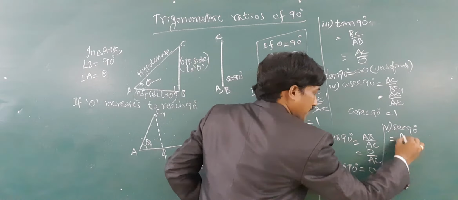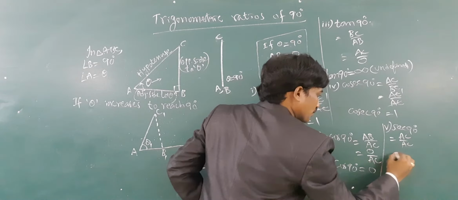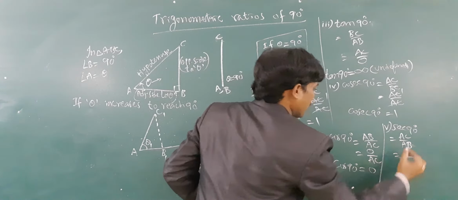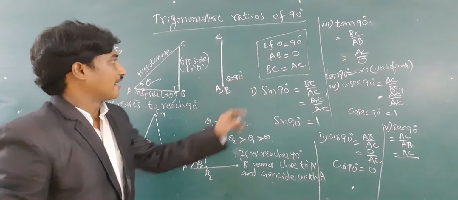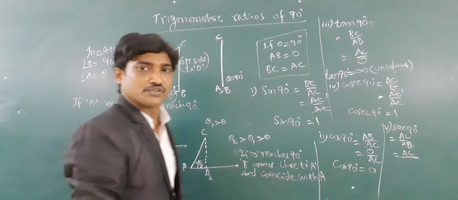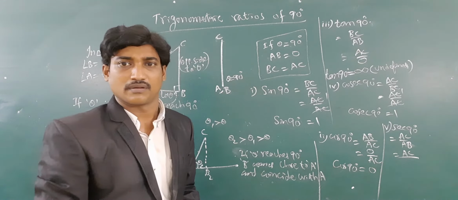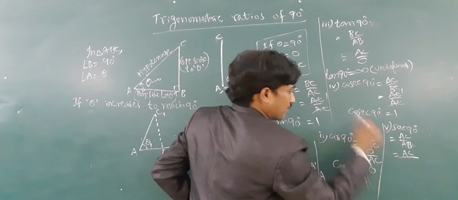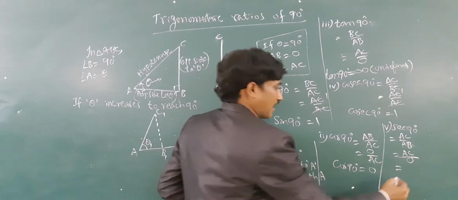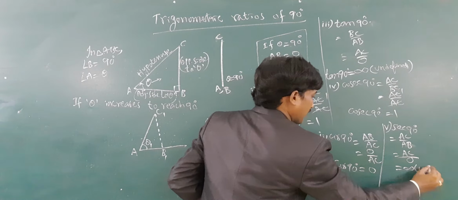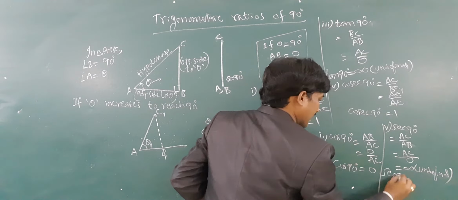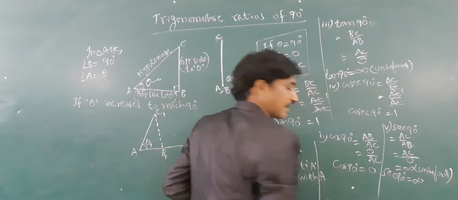Here AB equals 0 when theta is 90 degree. We know division by 0 is not defined, so infinite, undefined. So secant 90 degree is infinite, undefined.